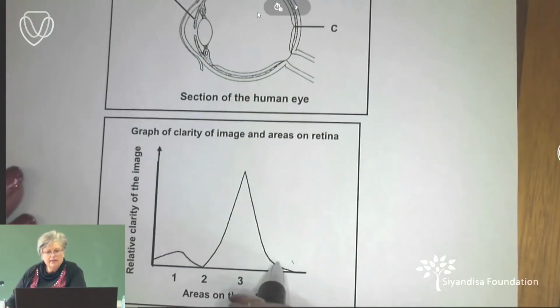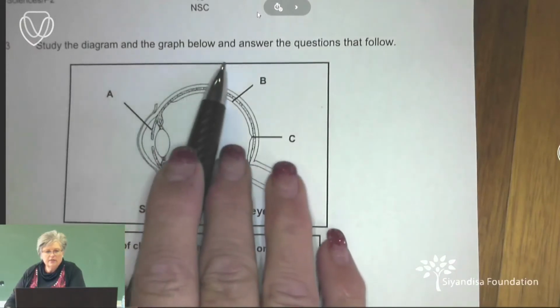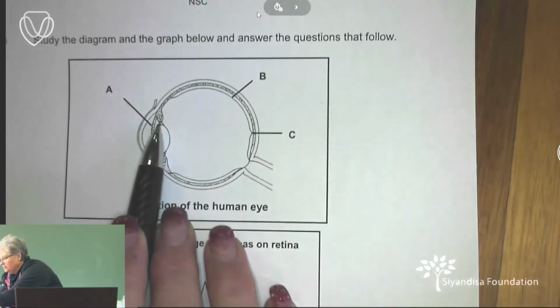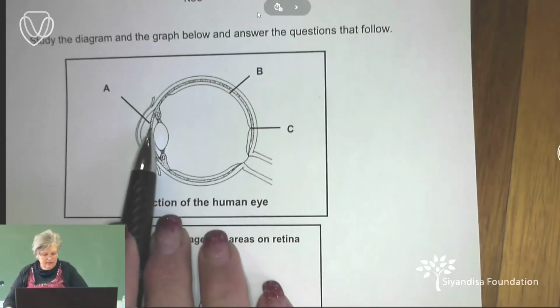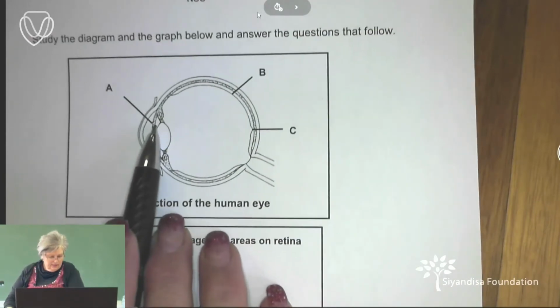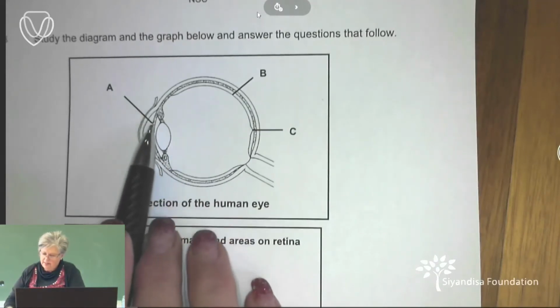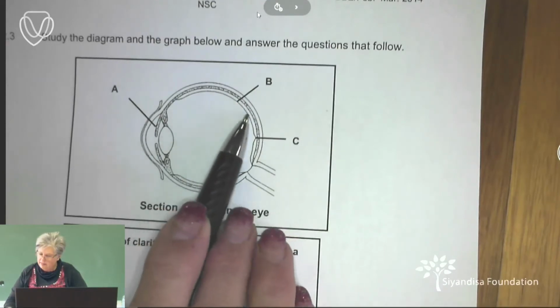Okay. Then I also say to you that often these questions are linked with graphs to make it higher cognitive. So here they say study the diagram below and answer the questions that follow. Here, A is the iris, né? B is the retina, né?